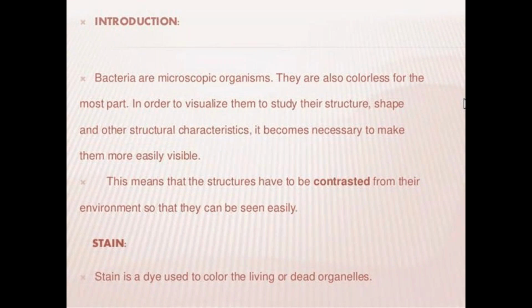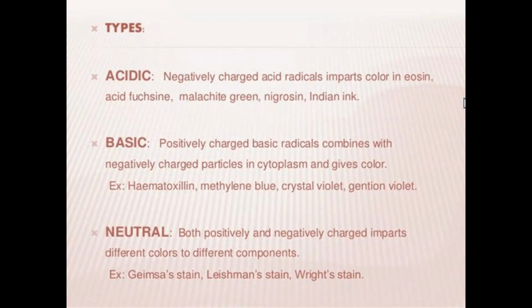Stains are used for observation and visualization. Different types of stains are present, mainly acidic stains, basic stains, and neutral stains, for visualization of any type of microorganisms.